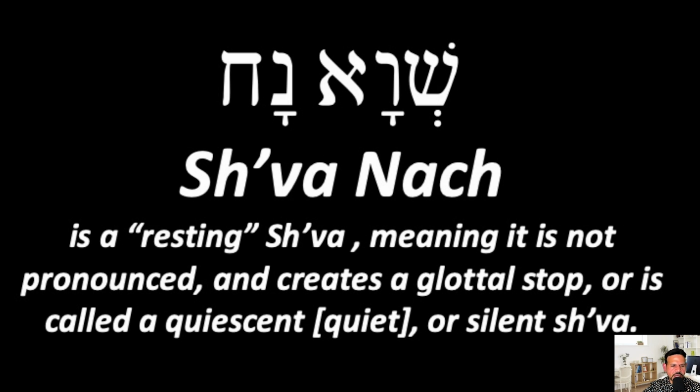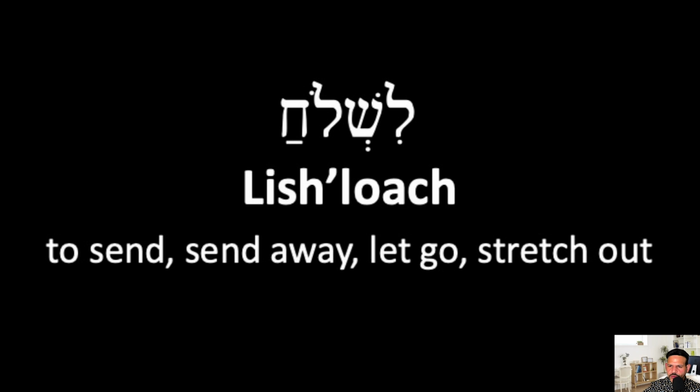From Beshalach, we had the root lishloach, to send. So we have the lamed with 1 dot underneath it called a hirik, and that would be li, and then the shin has a shva underneath it, bringing us to a glottal stop, lishloach.